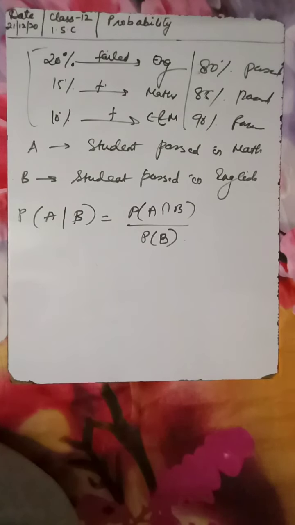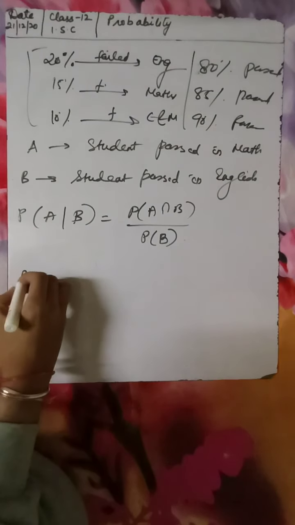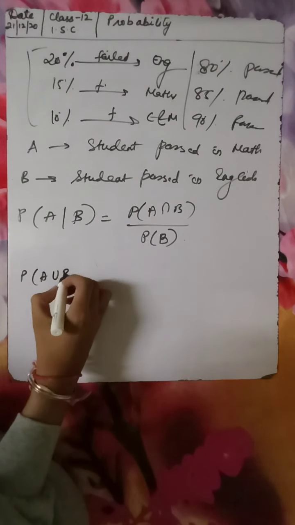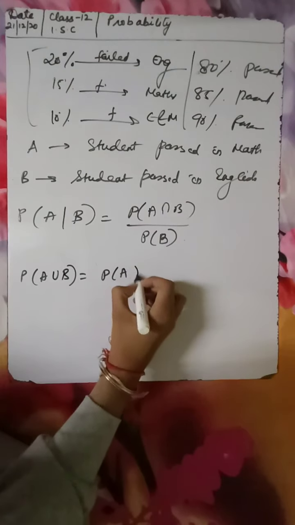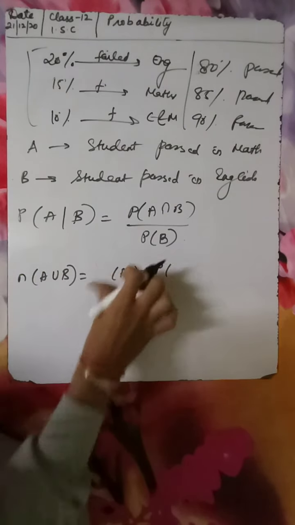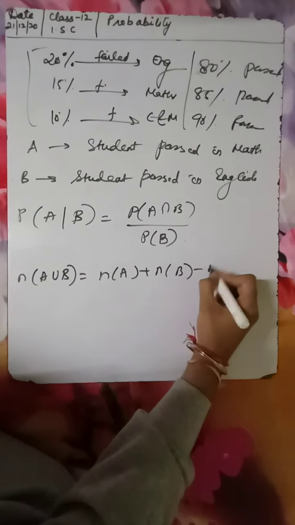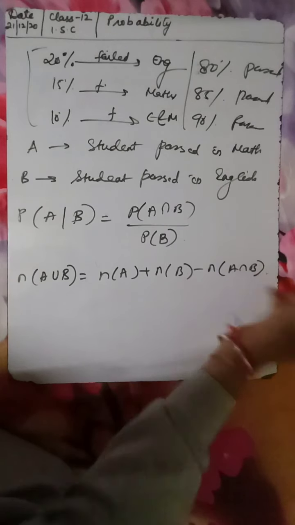Let us find how many passed both. How will we calculate? P(A union B) is equal to P(A) plus P(B) minus P(A intersection B).